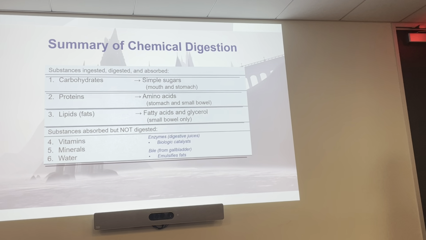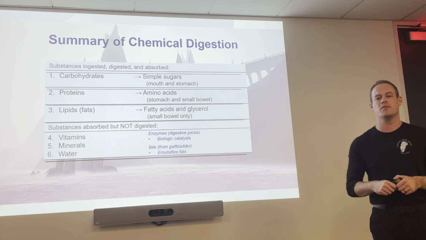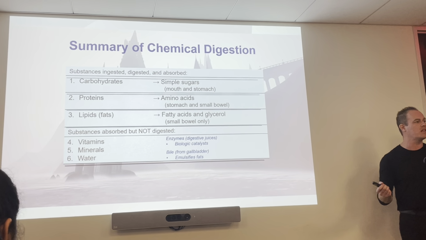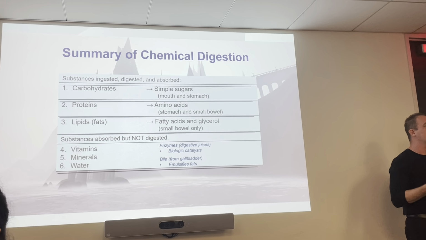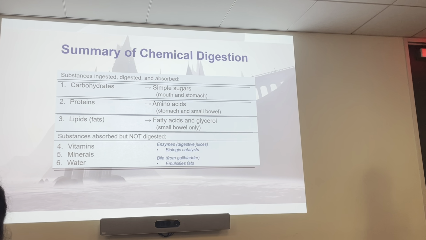Okay, enzymes, that's our digestive juices. Those are biologic catalysts. Bile from the gallbladder is going to be what actually emulsifies the fats. Don't worry, you don't need to know the actual chemical names, thank goodness. But do know this chart as well. Another great reference chart here, if you want to take a picture of that.